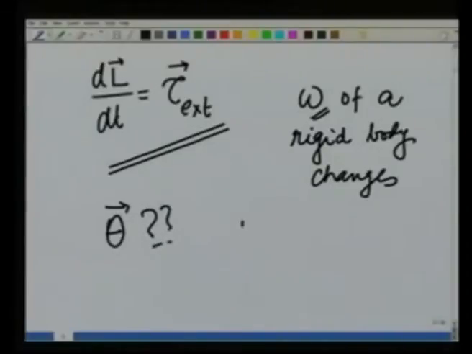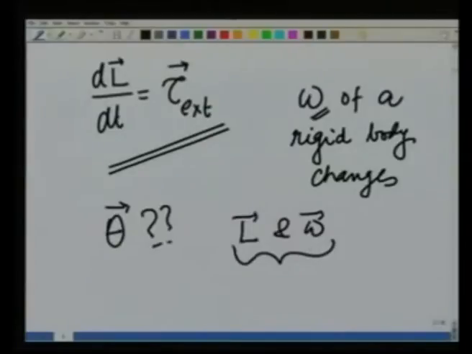And how are L and omega related, so that once I calculate how L is changing, I could relate it to change in omega, and from omega I can find how the angle of a body with respect to different axes is changing. These are questions for which the answers come when we develop the relationship between L and omega. We see how, when L changes, omega changes. We see how theta is related to omega, and so on. So we do that now.